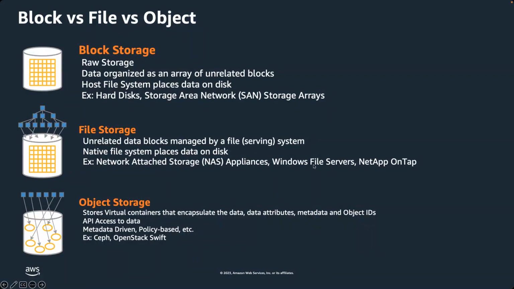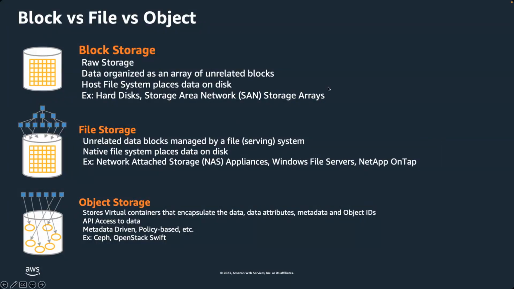For file storage, we have unrelated data blocks managed by a file serving system. These files are in a hierarchical order, and you can see this by files being put into folders. This file storage system can be used, for example, as a single repository to serve different machines that need to access these files.